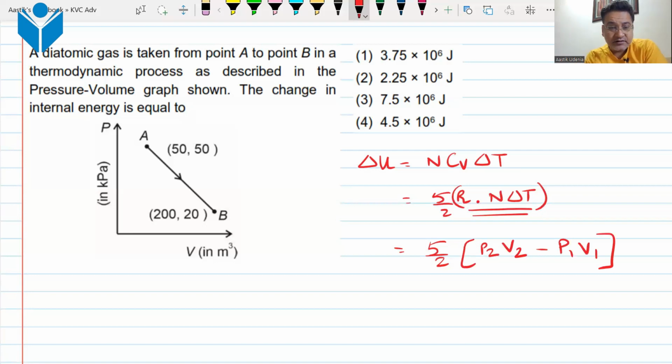After that, you have to multiply and divide and subtract. When you do that correctly, you end up with option 1. I don't know how you got option 2. Anyway, that is the correct answer we were looking at.